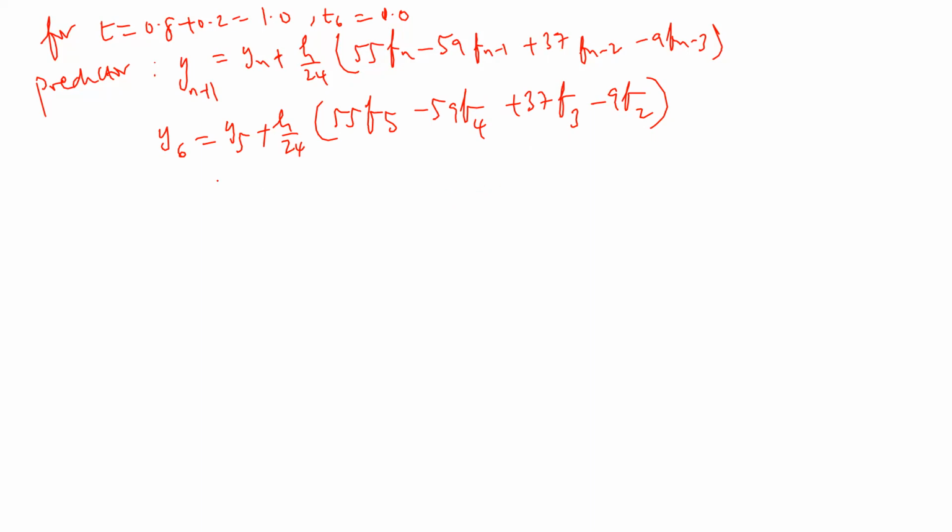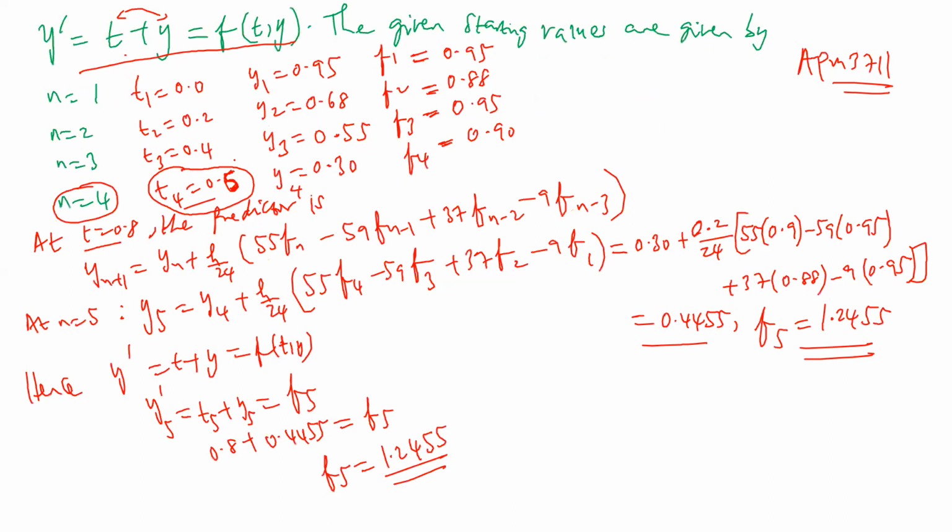Yes. So this, we've already got Y5. Y5 was obtained before. What was Y5? We got Y5 for the predictor and we got Y5 for the corrector.